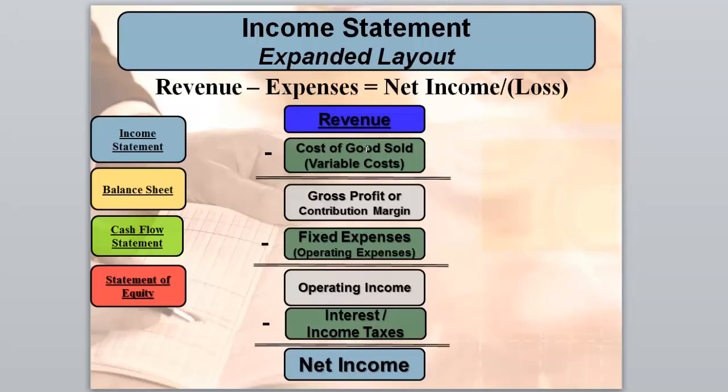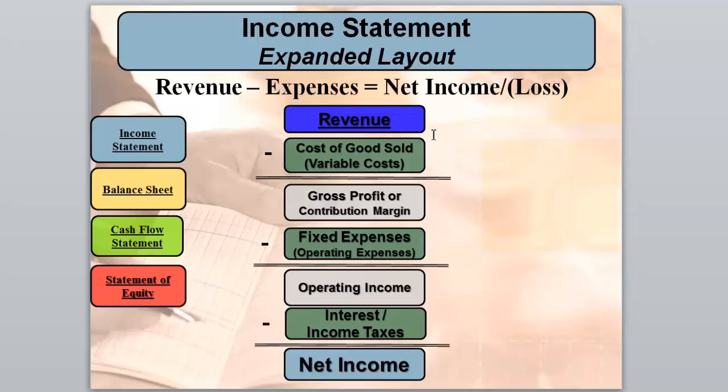This is the cost of the products or services that they're selling, to come up with either a gross profit number or a contribution margin number, less their fixed expense or the rest of their operating expenses, to come up with operating income. And then finally you subtract out interest and income taxes to come up with net income.